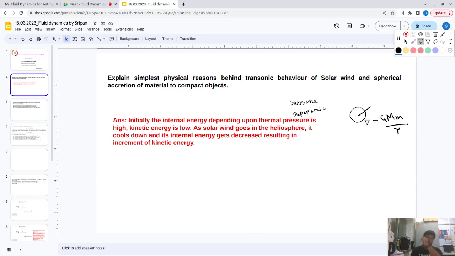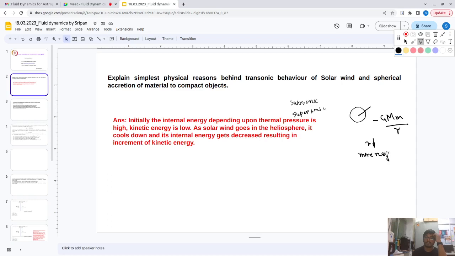So as it is moving towards the compact object, the r is getting lower, right? Now if r is getting lower, this is getting higher, so it is becoming more negative, right?